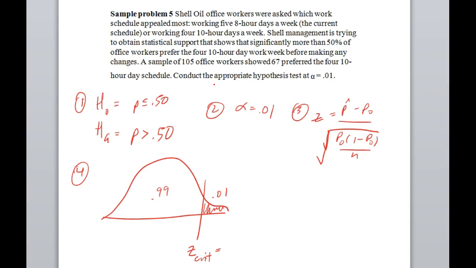Our Z crit is 2.33, which is a number that we've worked with before. We recognize that number. So what is our rejection region? We would reject H naught if Z calc is greater than Z crit, equal to 2.33.